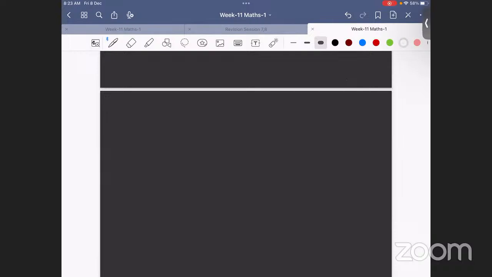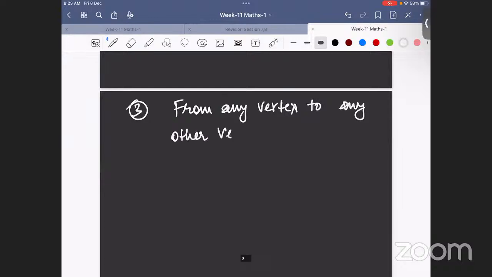And the third is you can calculate the shortest path from any vertex to any other vertex here. Also the negative weight is allowed.